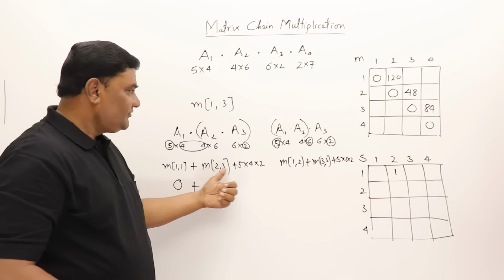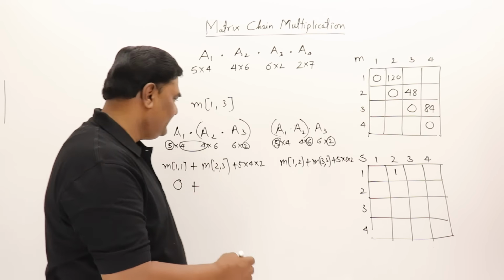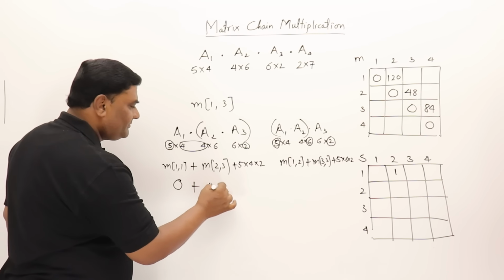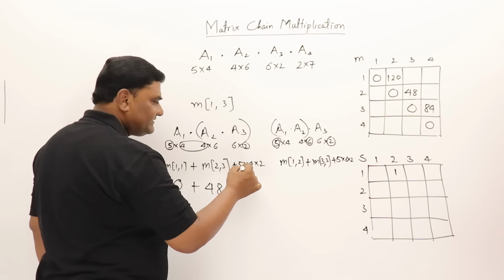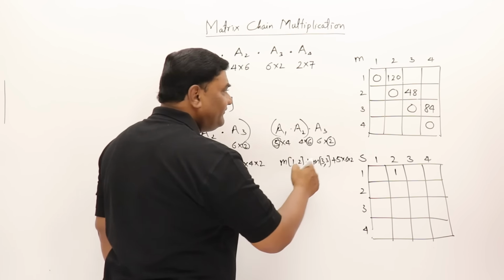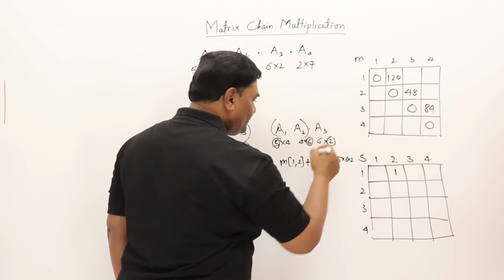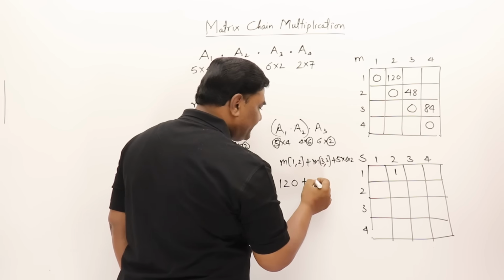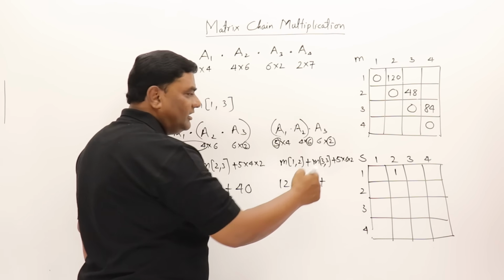Plus M of 2 comma 3. 2 comma 3 is 48. Plus, how much is this? 40. Then M of 1 comma 2. 1 comma 2 is 120. Plus M of 3 comma 3. 3 comma 3 is 0. Plus, how much is this?